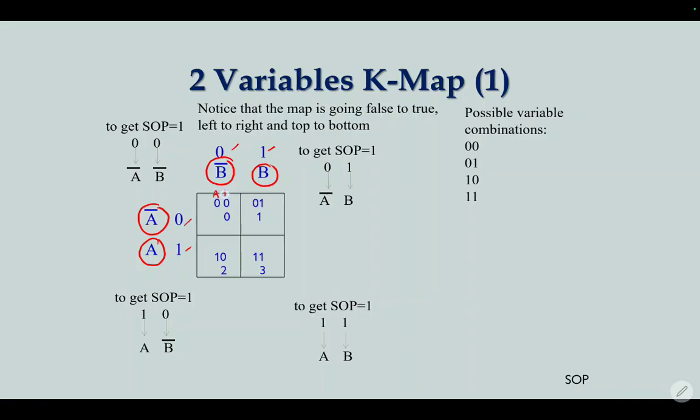This one is A0, B1. This one is A1, B0. This one is A1, B1. So you are measuring the number 0, 1, 2, 3.